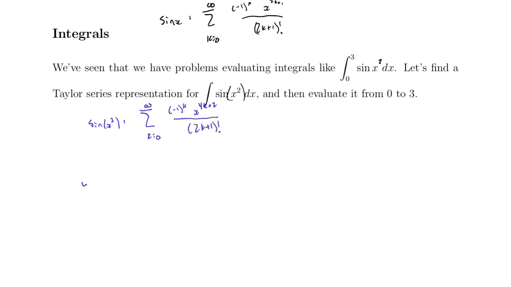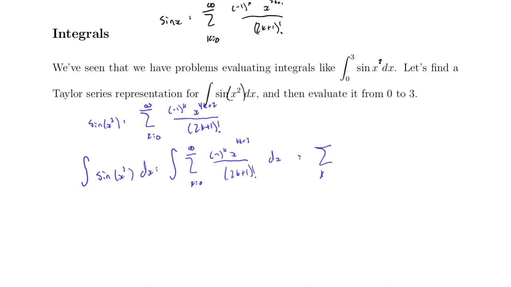and now instead of differentiating it, if we want to find the integral of sine of x squared dx, that's really the integral of this series, x to the 4k plus 2 all over 2k plus 1 dx. And then just like we did with the derivative, we can say this is the sum from k equals 0 up to infinity of, I'm going to pull out the negative 1 to the k over the 2k plus 1 factorial.